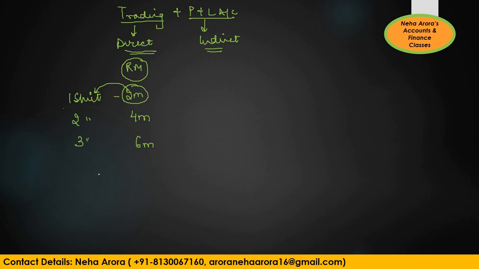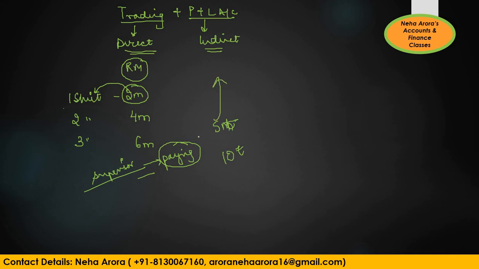But if I talk about a supervisor's salary, no matter how many shirts you are manufacturing, you are paying the same amount to the supervisor, who is employed on a permanent basis and gets a salary per month. Since it cannot be related to each and every unit of output, whether you manufacture 5 t-shirts or 10 t-shirts, he will be paid the same salary, therefore it comes under indirect expenses.